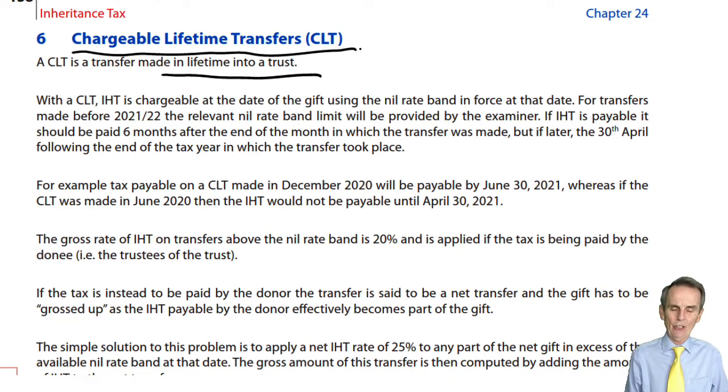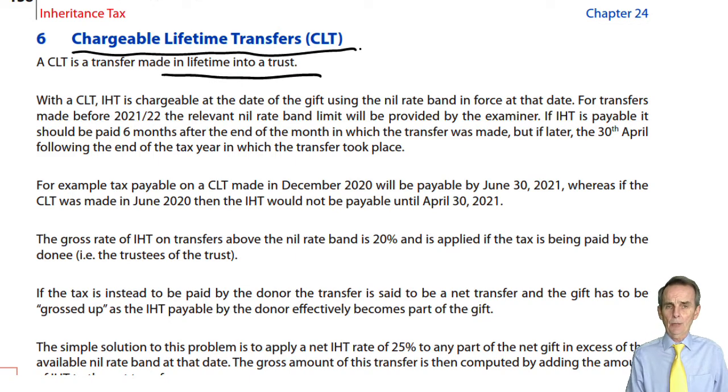It's said to be a net transfer, and we charge at that rate of 25%. That would establish then the amount of tax due on the CLT, which combined with the amount of the CLT itself, the chargeable lifetime transfer figure, we add the two together and we get the gross amount of chargeable transfers in relation to that specific transfer.